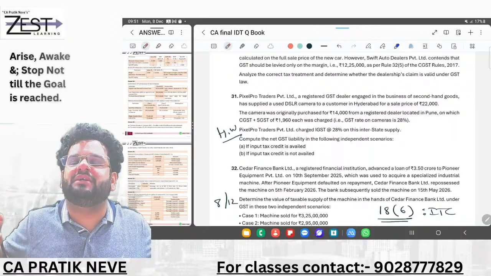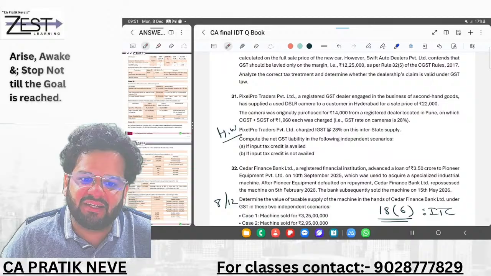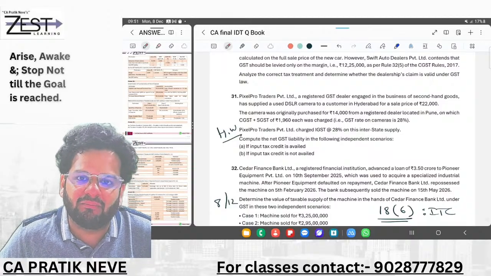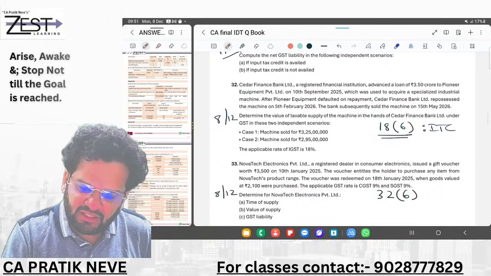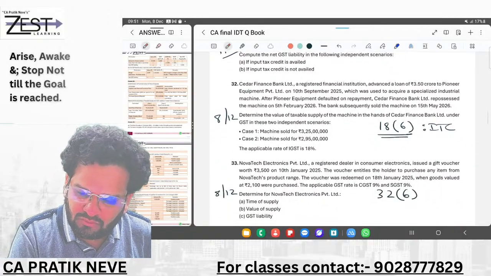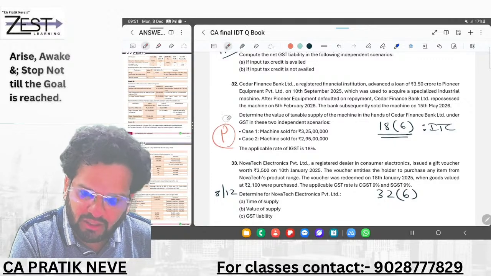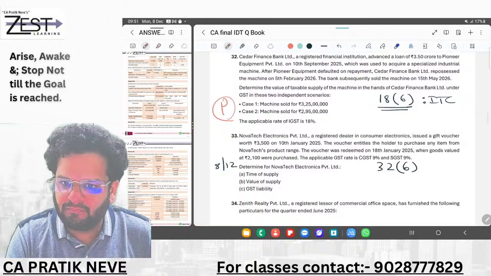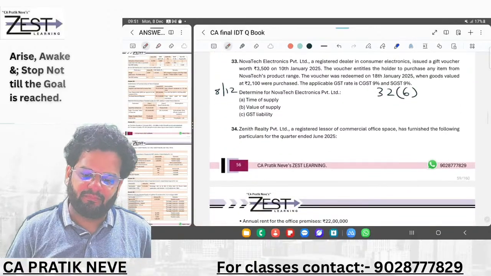Normal valuation means whatever price the dealer of second-hand goods is selling at, that itself will become the assessable value. We will do this when we go to ITC. So this will remain pending for tomorrow. Next.